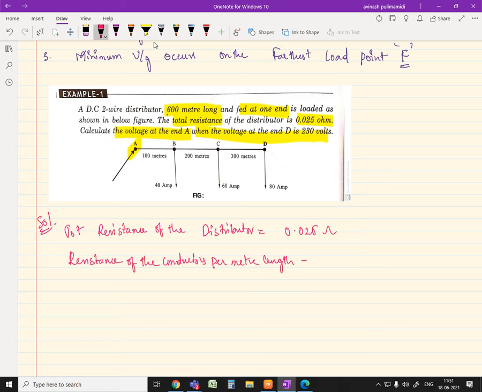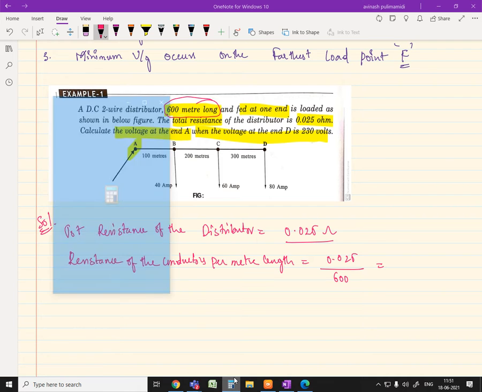Resistance of the conductor per meter length means this is the resistance per meter length. How much is the total length of the conductor? It is 600 meters. So 0.025 divided by 600, what is the value?